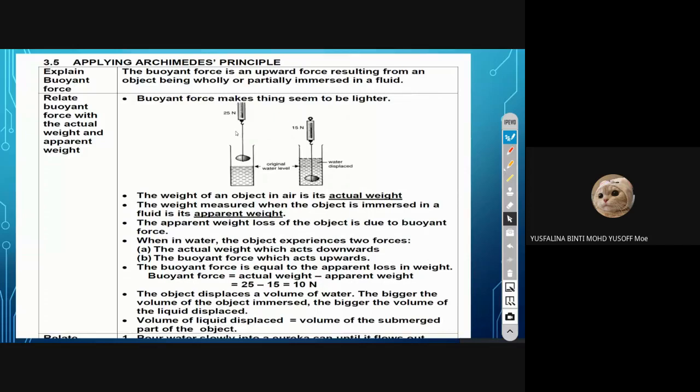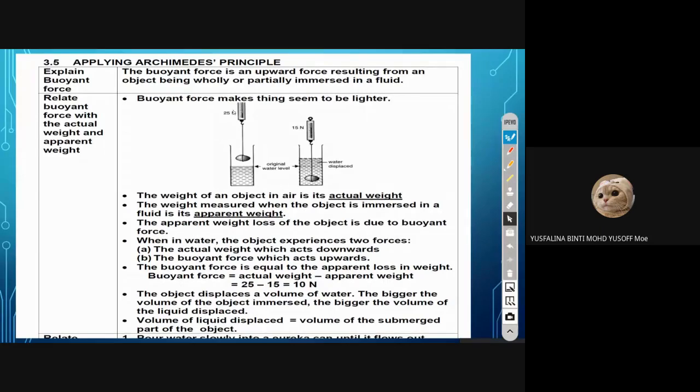So the weight of the object in air is 25 Newton. Then when I put it in the water, the reading becomes 15 Newton. The weight of the object in air is the actual weight, so the actual weight is 25 Newton, and when you put it in the water, the 15 Newton is called the apparent weight.